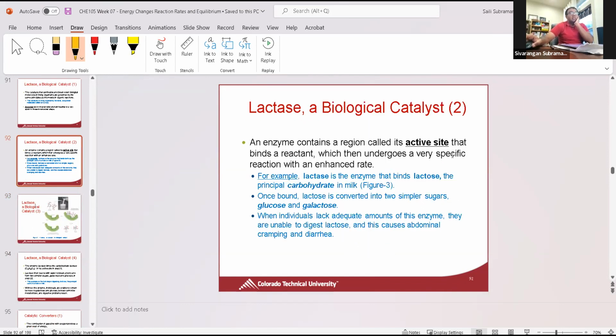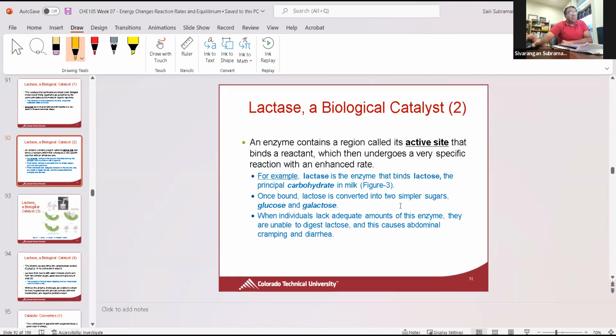This lactose is bound by the enzyme, the protein called lactase. Once it is in the bound form, the lactose is converted into two simpler sugars, glucose and galactose.